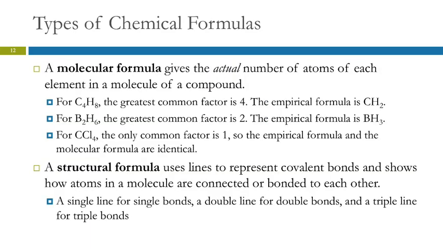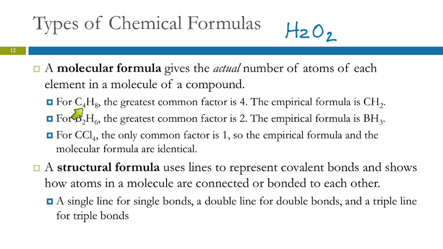So that's the empirical formula. A molecular formula tells us the actual number of atoms of each element. So for hydrogen peroxide, the molecular formula is H2O2. In 1 molecule, there are 2 hydrogen atoms, 2 oxygen atoms.